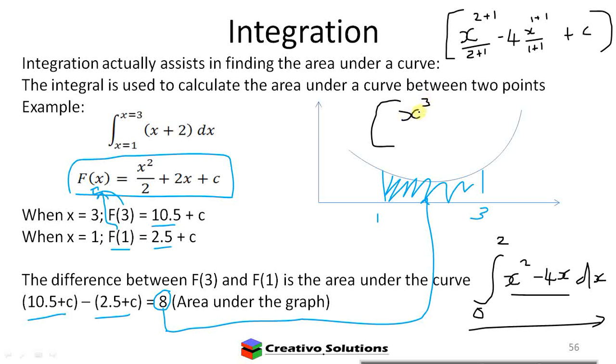So we're first finding the integral, and then we're going to get the definite integral. They gave you an expression that needed to be integrated, because that's how you find the area under the curve. What points? From 0 to 2.